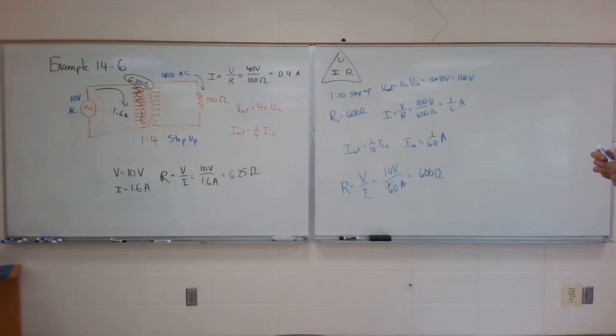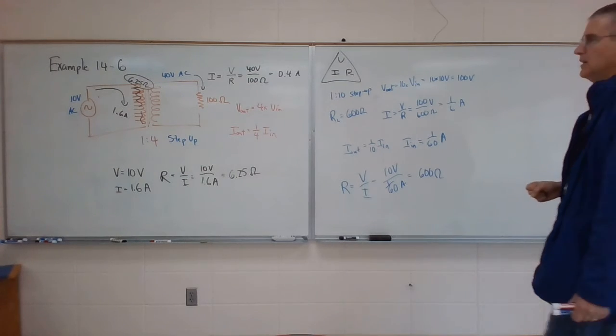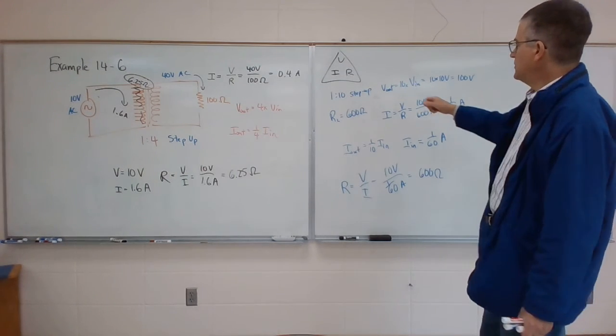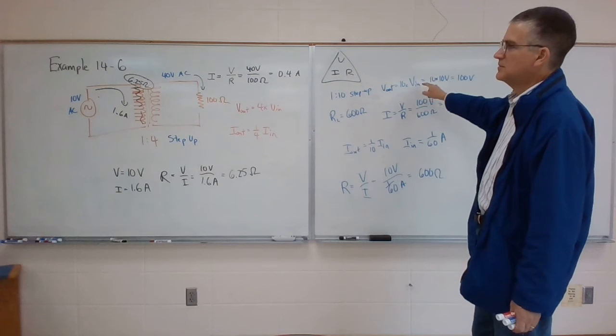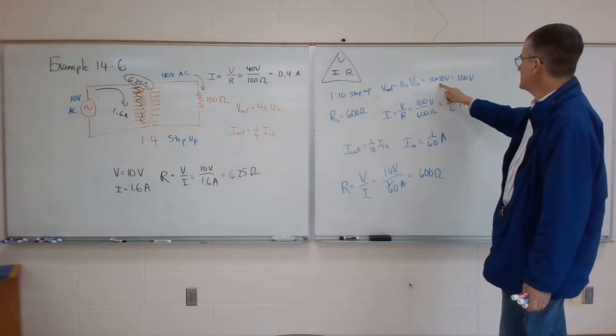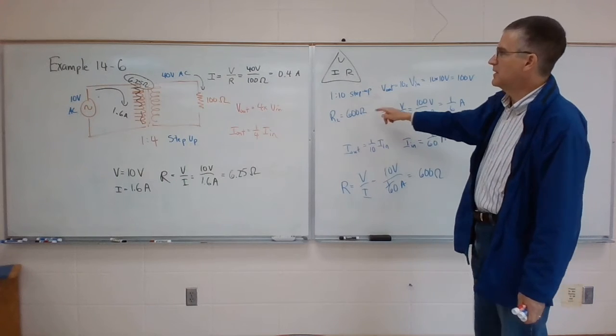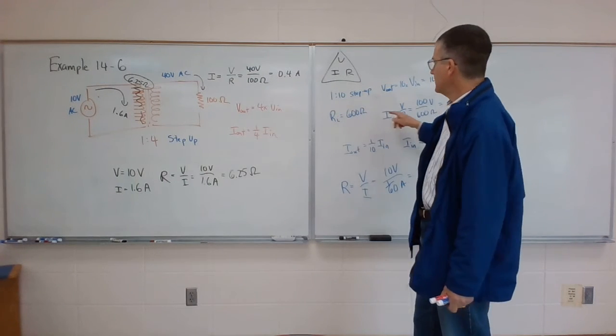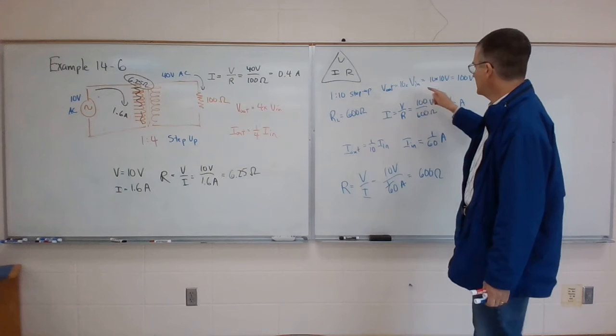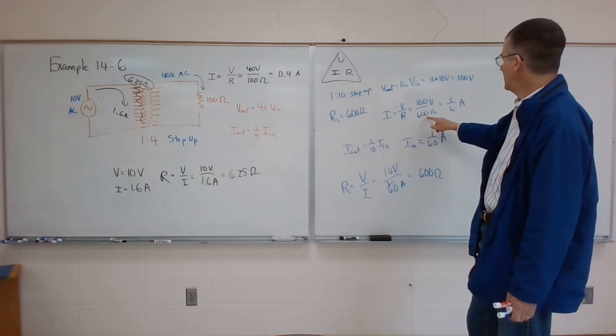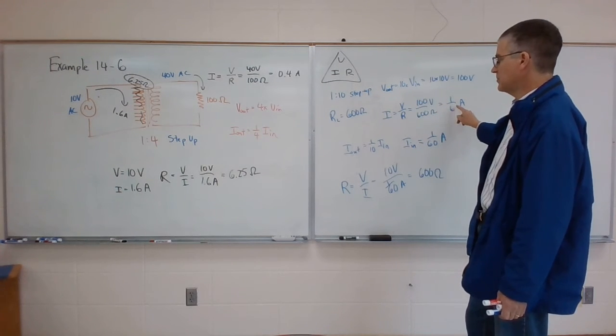So I think I goofed something up here. Let's see, voltage out is 10 times voltage in. Voltage in was 10 volts, 10 times 10 is 100. Load was 600 ohms. Okay, so I did 100 volts divided by 600 ohms, which is 1/6 of an amp.